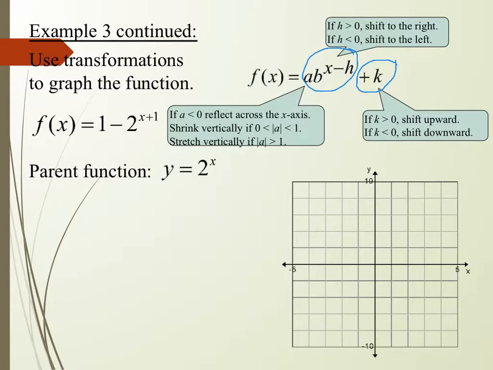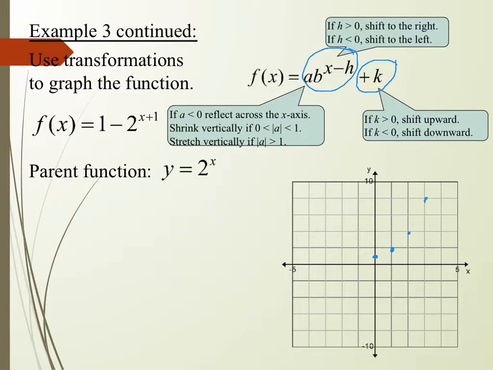So for example, if we started out with the parent function, y is equal to 2 raised to the x, we knew what that function looked like. For example, that function started out looking at 1, when 1 is at 2, is at 4, this is at 8, 2, 4, 6, 8.